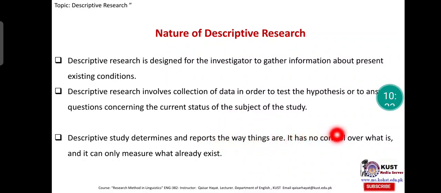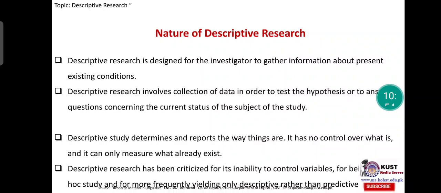It has no control over it or what is, and it can only measure what already exists. What already exists would be measured in it. Clear? So descriptive research is describing the matter, describing the event, describing the phenomena that is under research.